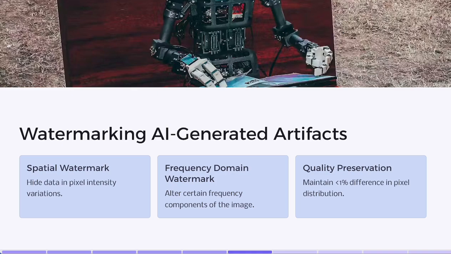For example, a major stock image AI service might watermark outputs so that if someone tries to sell or claim them elsewhere, the watermark can be extracted to confirm original ownership. A tip: make sure your watermarking method does not degrade the quality of the output. Some advanced methods maintain a less than 1% difference in pixel distribution.